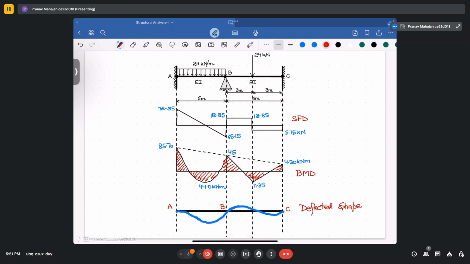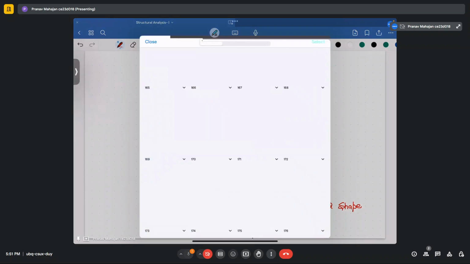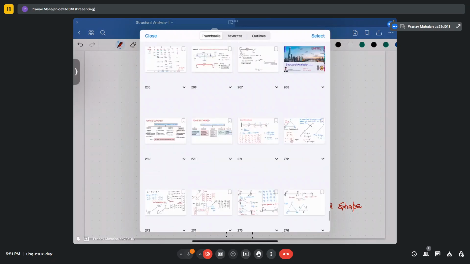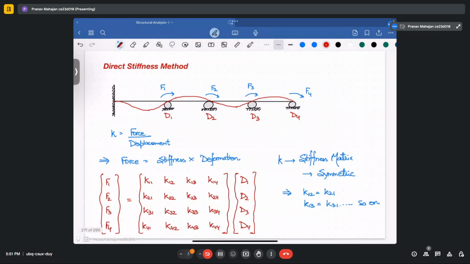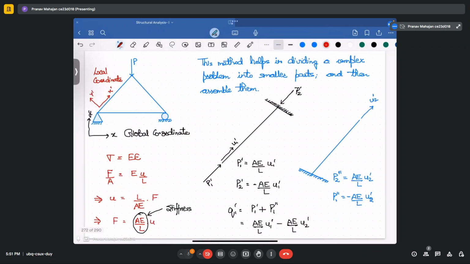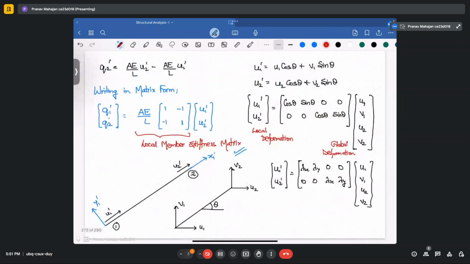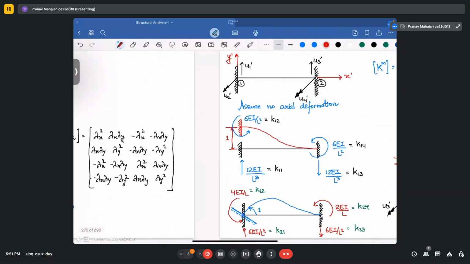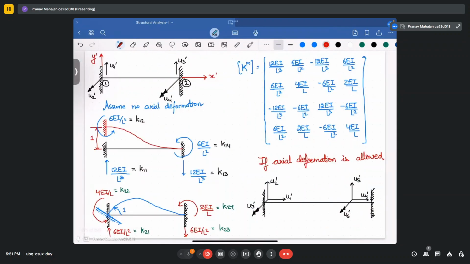So what we have covered this week. This week we started with an introduction to the direct stiffness method. Then we started to determine how the truss problem can be solved using the direct stiffness method. Then we determined the stiffness matrix for the bending problem that can be utilized for beams as well as for frames.